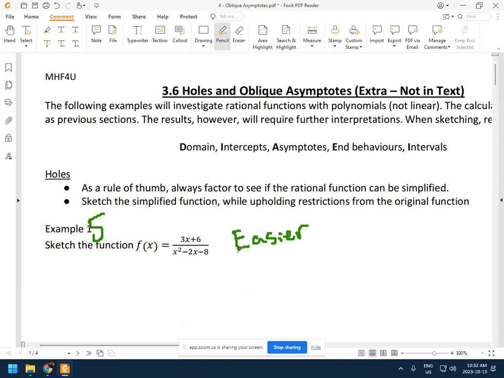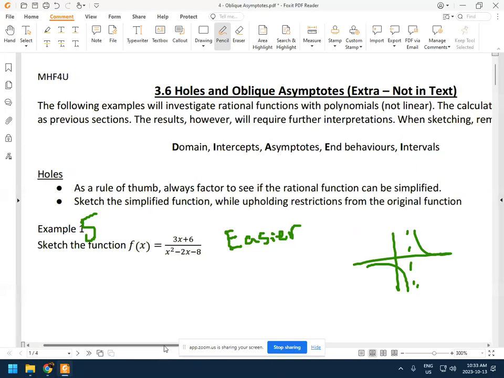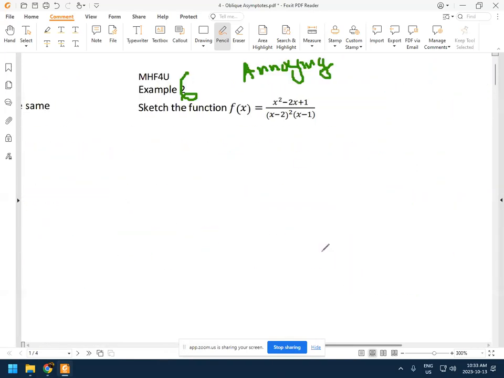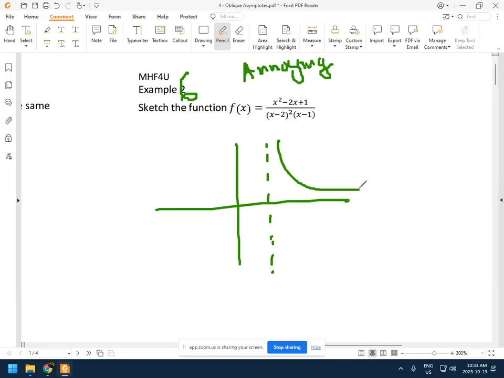The hole for this particular function will give us a normal sort of curve like that. Not a big deal. The annoying one has a hole, and it will end up with a very atypical shape. It's going to look something like this, and don't shoot the messenger, okay?